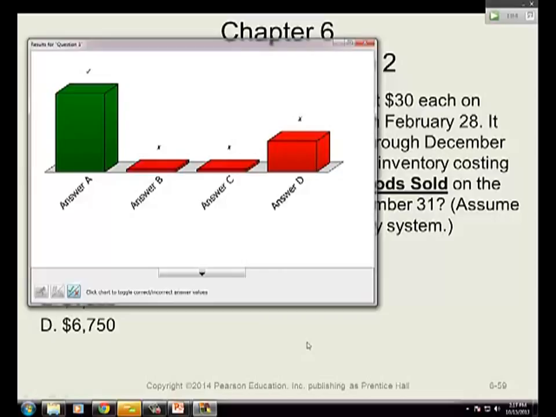So the first ones in are the first ones you sell. So if I sold 100 units, because it tells me I sold 100, I don't even have to go through this whole schedule. In fact, I know I sold 100, and it has to come out of the 30, right? So it's as simple as that. That one is like one of those questions if you really got it. Okay, so just two examples of what you would need to do with these methods.